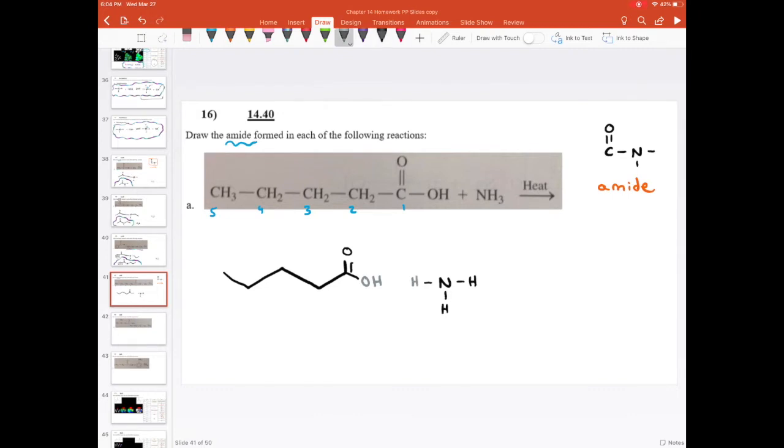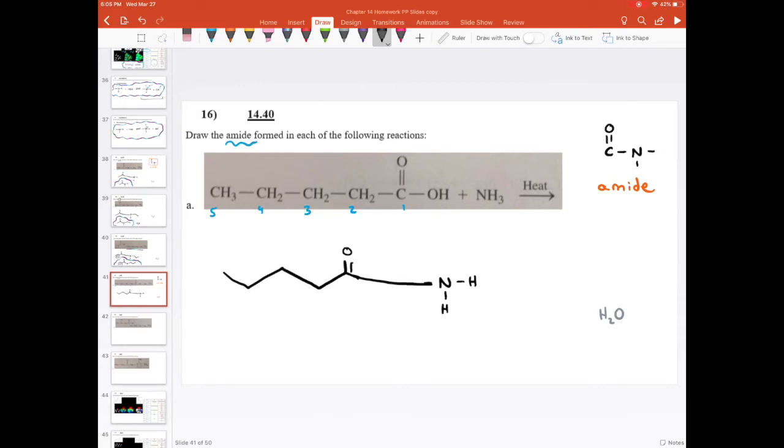So when these two come into contact, the OH and the H leave together as water, HOH, which is really H2O. So those leave. And the bonds that used to go to those two things instead connect to each other.